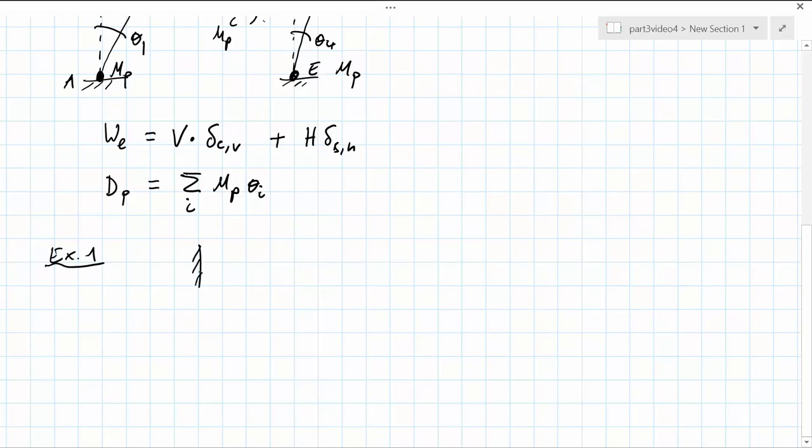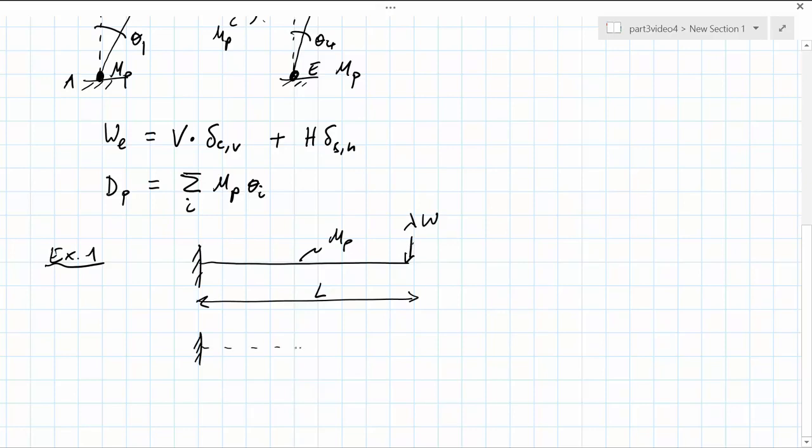Consider the cantilever beam with a cross-section of MP, a length L, and applied loading of lambda times W. The plastic collapse mechanism has a plastic hinge at the support and an angle of rotation of minus theta and a displacement of delta B V, where the locations are A and B.